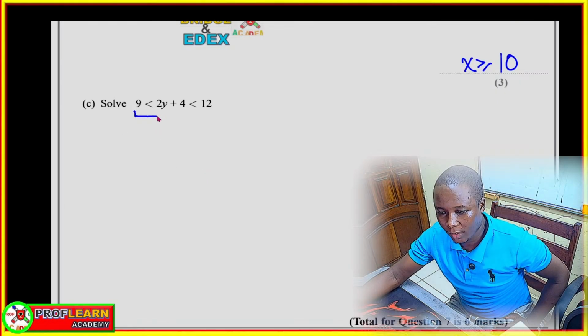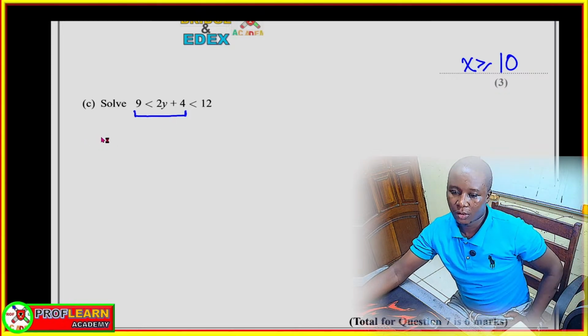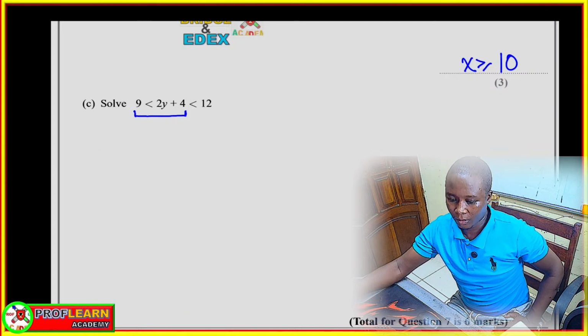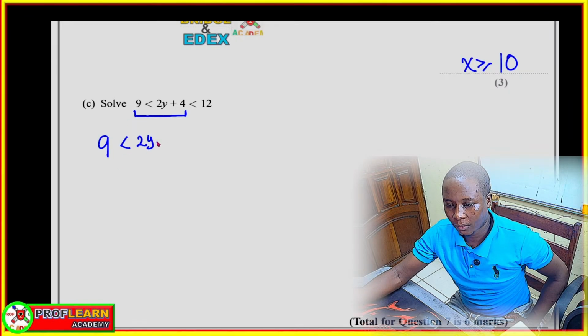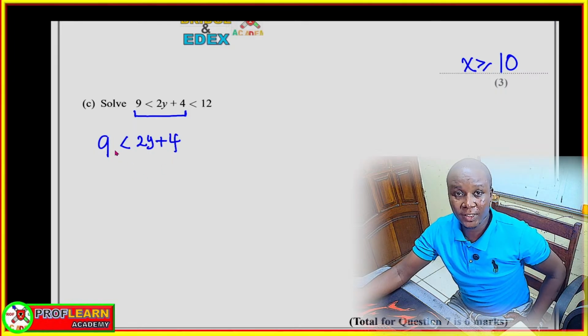So you'll work out this part up to that. If you work it out, it's going to be 9 is less than 2y plus 4. That's the first inequality that we shall be working on.